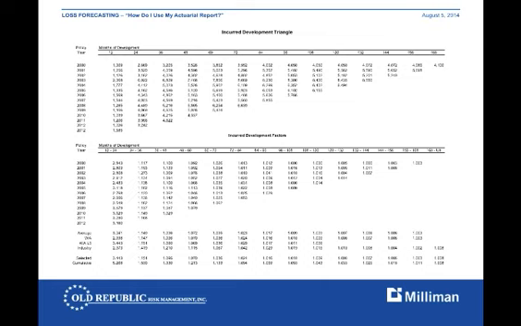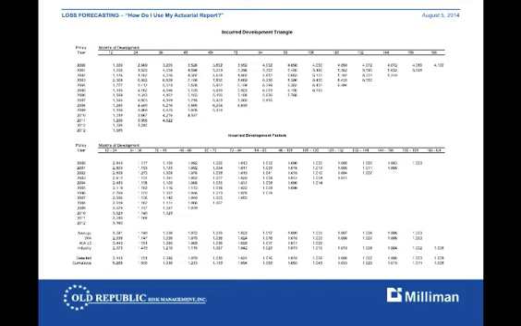So to give you an example of how the calculation works, if you look at the top row of numbers for policy year 2000, take the 2 points in time at 24 months divided by 12 months. In other words, 2,869 divided by 1,009 gives you the point on the bottom triangle for policy year 2000, the 12 to 24 factor of 2.843.